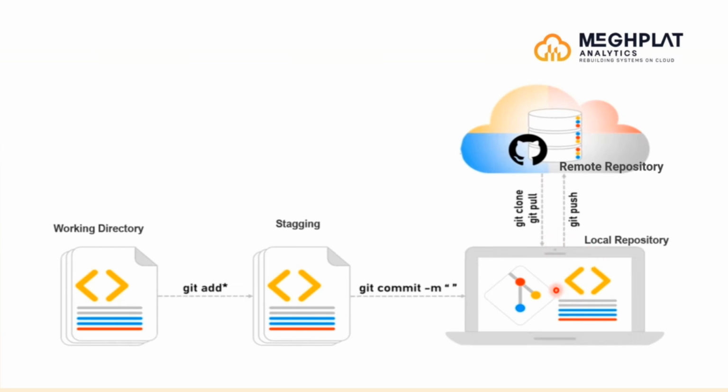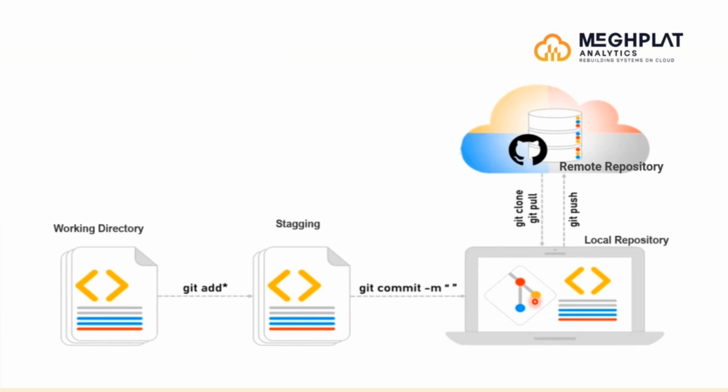Let me give you an example. Let's say developer 1 has created some files, added them into the staging and committed those in their local repository. Now developer 2 on the other side has pushed some code into the global repository or remote repository, but those changes are not part of my local repository.